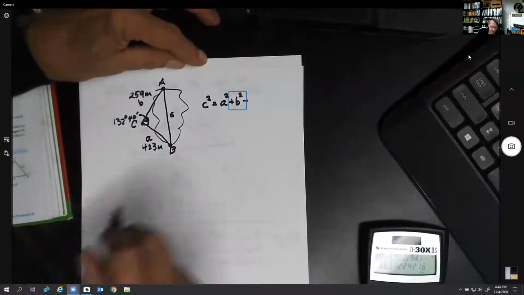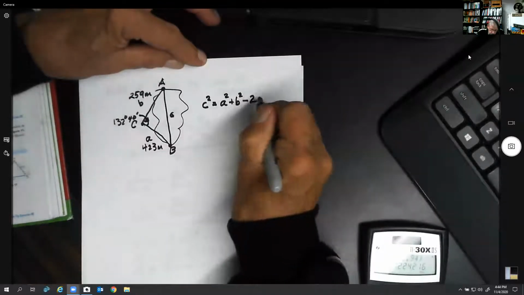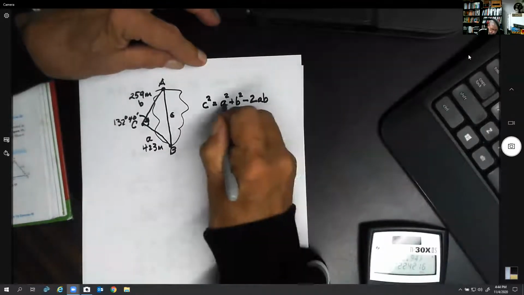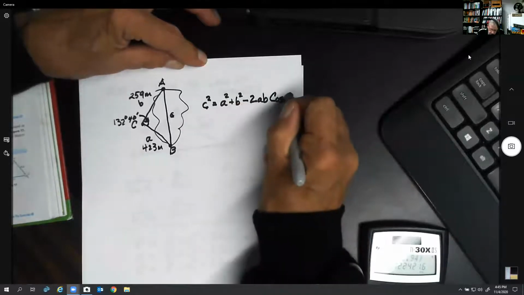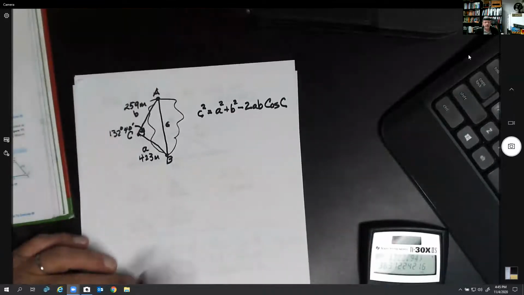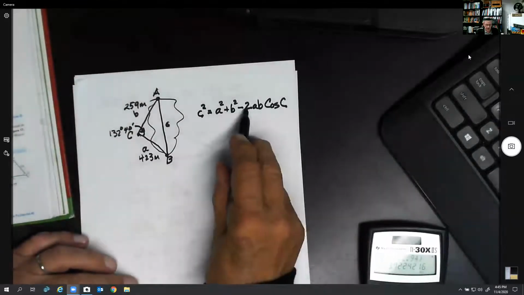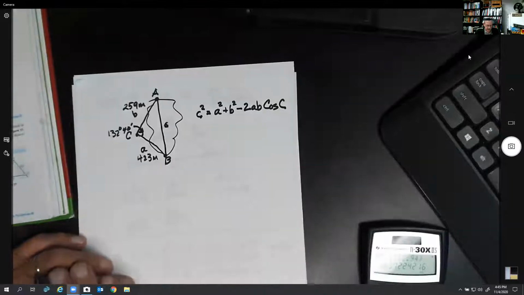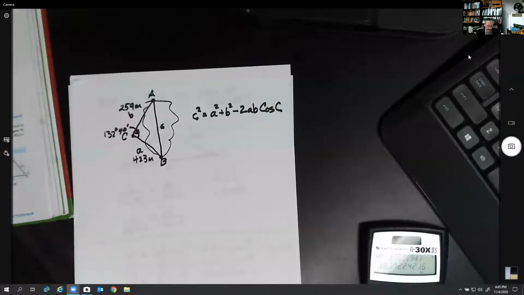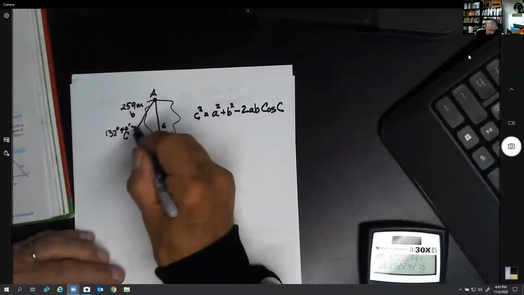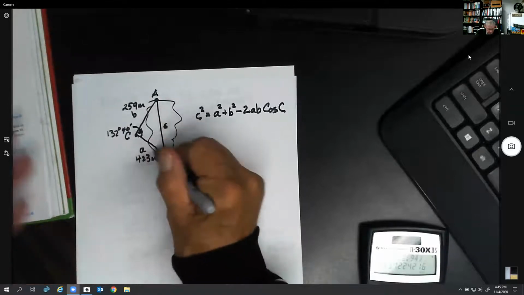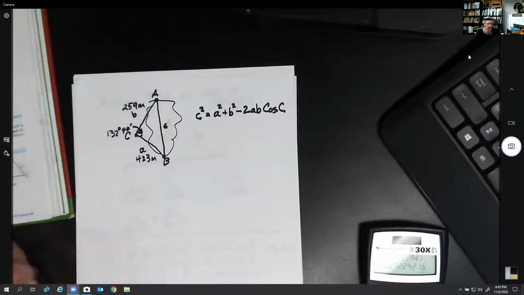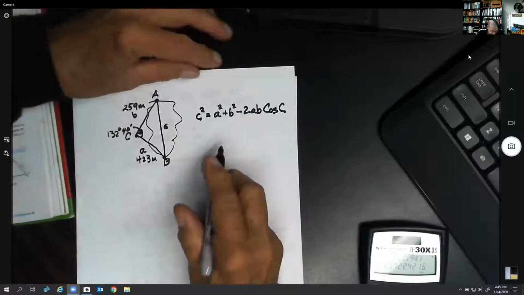Minus 2ab cosine of capital C. So it's a squared plus b squared minus 2ab cosine C. And the reason we can't use the law of sines on this one is because we only have one angle. We need two angles, and we don't know this is a right angle, so you can't subtract from 180 or 90 or anything like that.